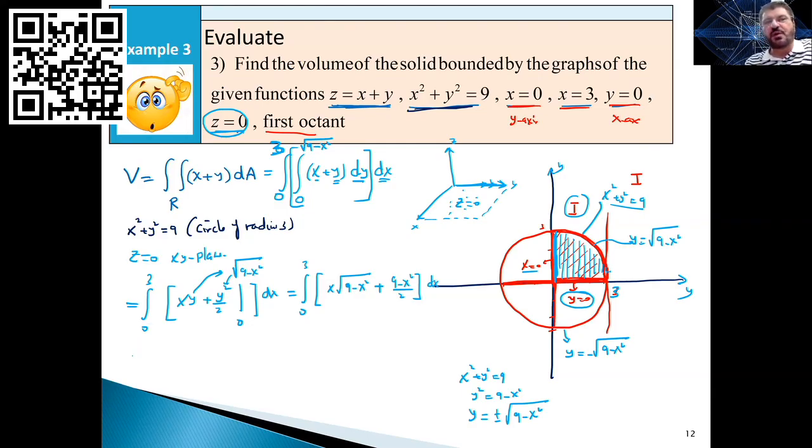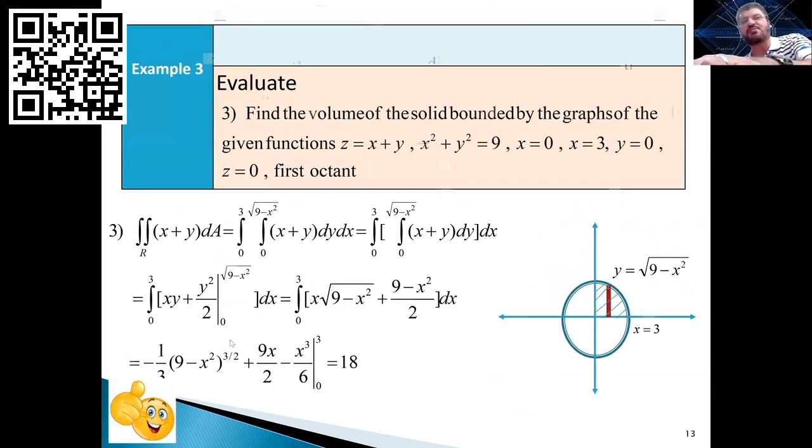All right, which is equal now to the integration from 0 to 3 of x square root of 9 minus x squared dx. I'm going to split it, plus the integration of 9 over 2 dx from 0 to 3 minus the integration of x squared over 2 dx from 0 to 3. So you see, I'm going to split the integral.